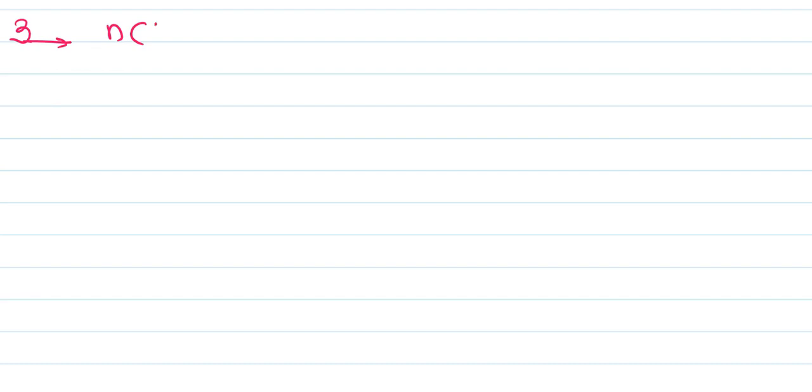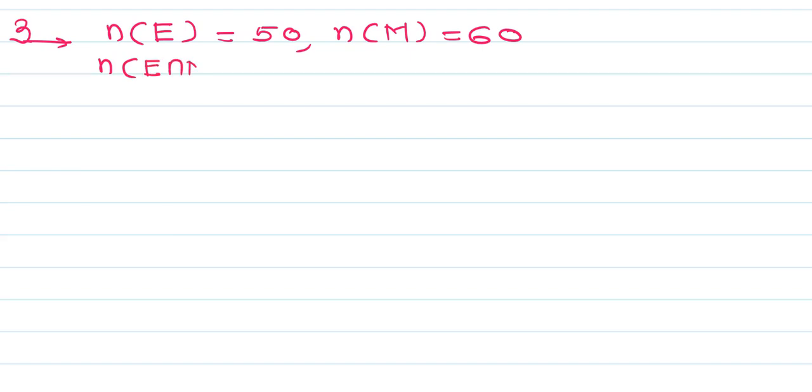Now here, N of E, the students who passed in English, is 50. N of M is 60. N of E intersection M, those passed in both, that is 40.